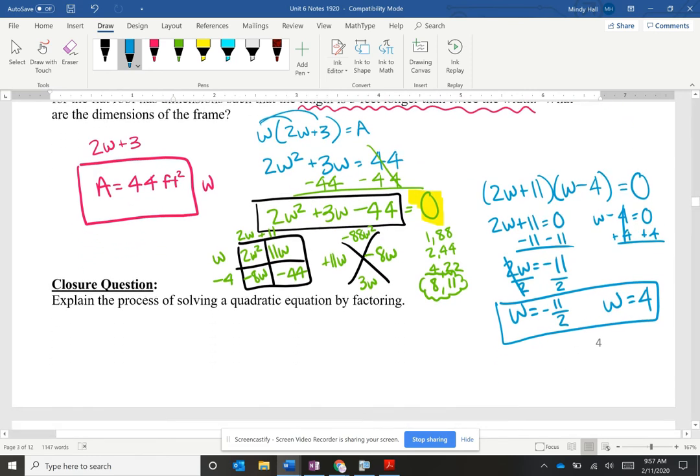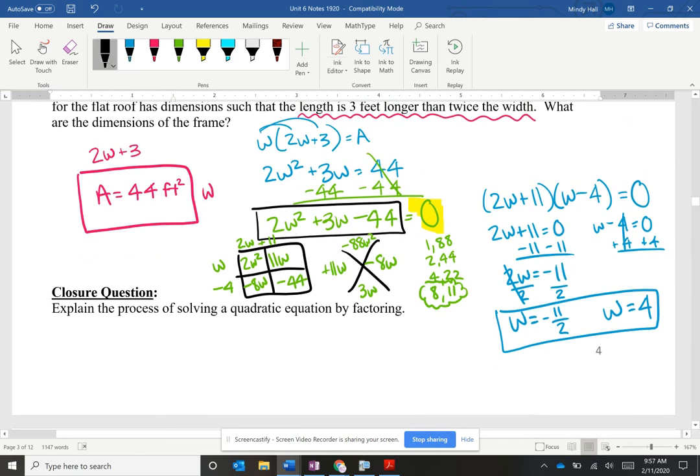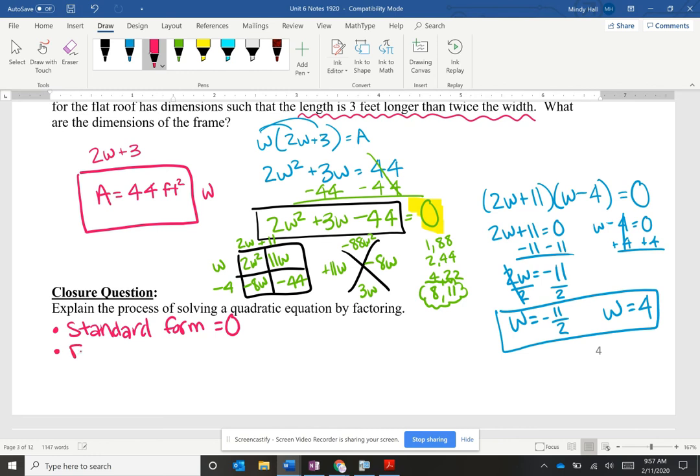Okay, so your closure is to explain the process of solving a quadratic equation by factoring. So if you think about it, it has to be standard form equal to 0. Okay, and then you are going to factor your standard form.